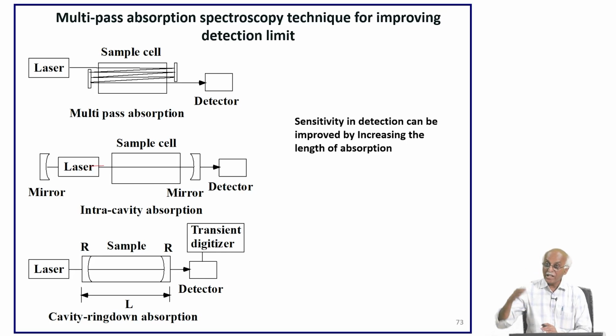Basically, in absorption we captured the change in input and output intensity, and we take that information to capture the absorption cross section or the concentration of molecules present. However, in cavity ring down spectroscopy, it is based on the temporal characteristics of the output pulse.